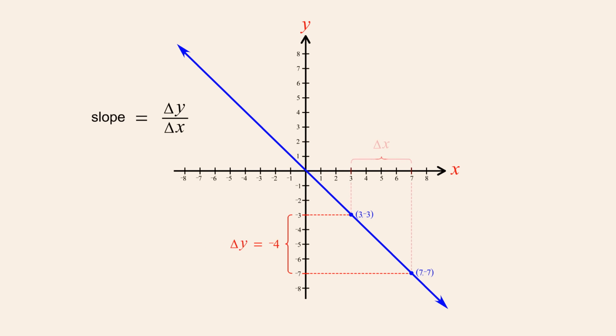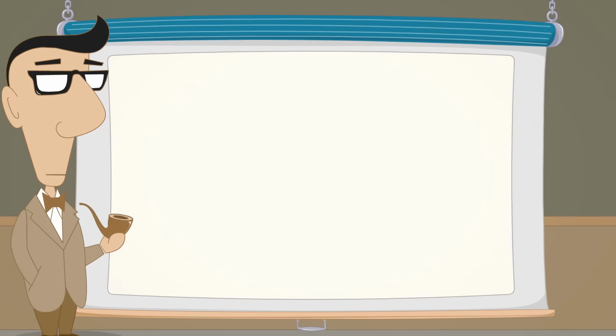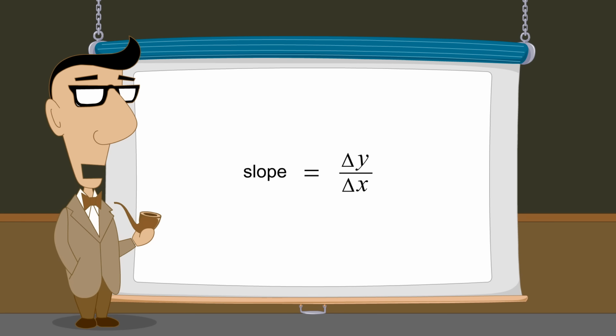And delta x is 7 minus 3, or 4. So the slope, delta y over delta x, is -4 divided by 4, or -1. When using this formula to calculate a line slope, no matter which 2 points on the line we choose, we will always get the same answer.